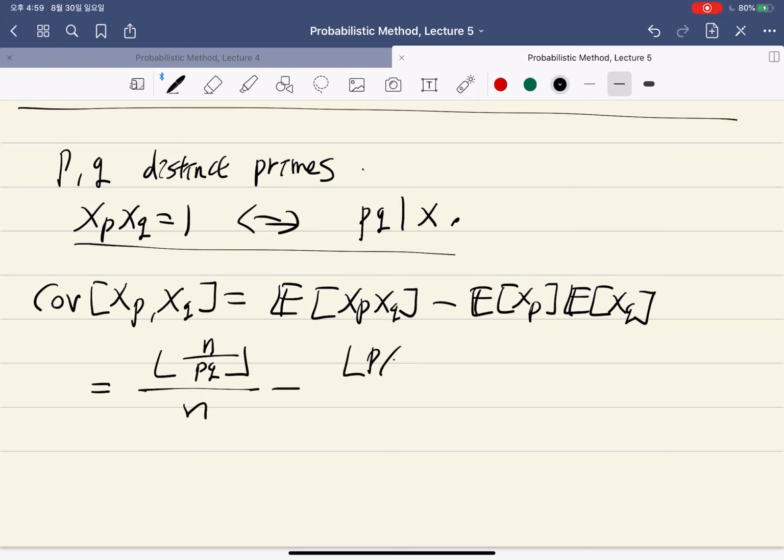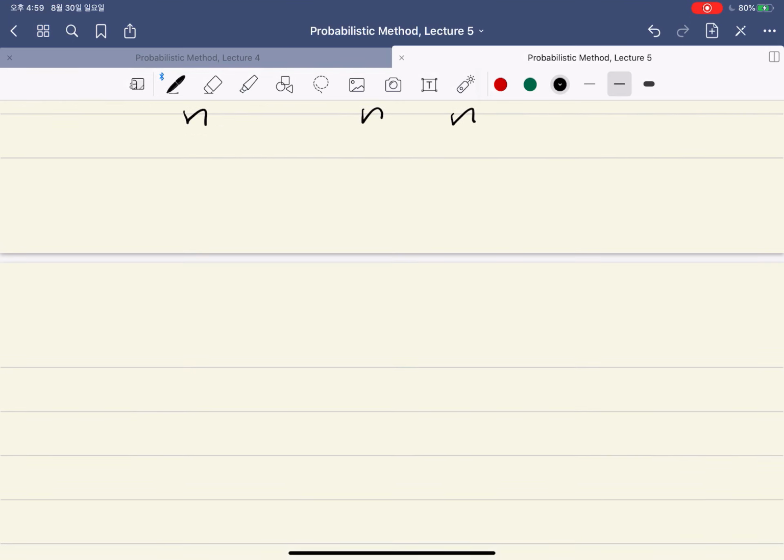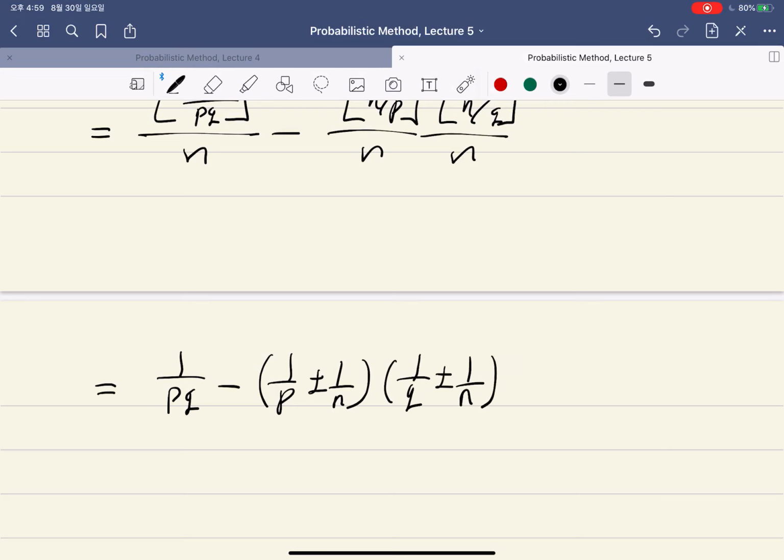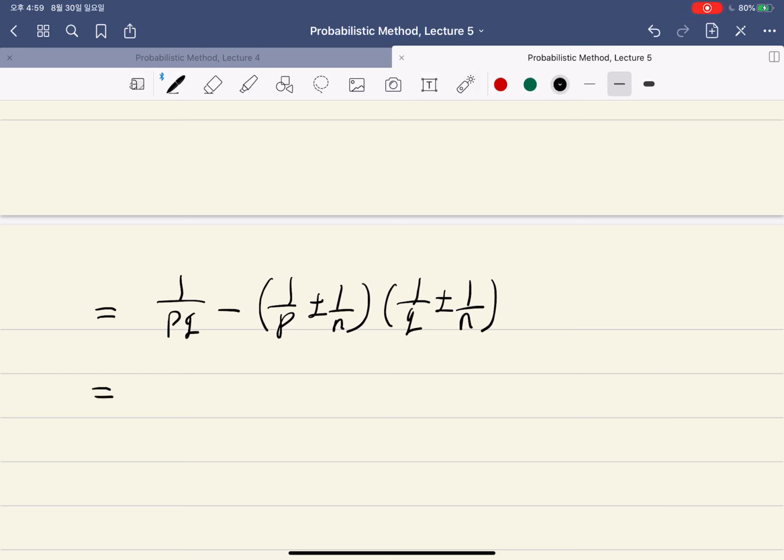And here is floor of n over p divided by n, floor of n over q divided by n. If you compute, this is 1 over pq minus (1 over p plus or minus 1 over n) times (1 over q plus or minus 1 over n), which is just a quite small number.